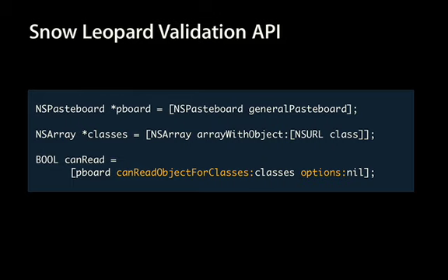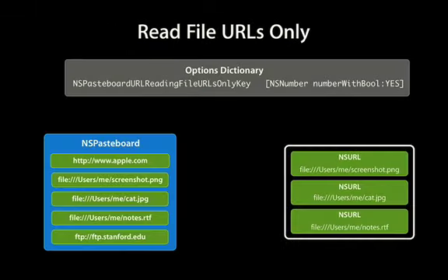Now, we've had options arguments for the last 2 methods. It's the same set of options we can pass in for reading or validating whether we can read. Let's talk about those now. It's an options dictionary, and they both deal with reading NSURLs from the pasteboard. Now, it's very common that applications may not be interested in web URLs.